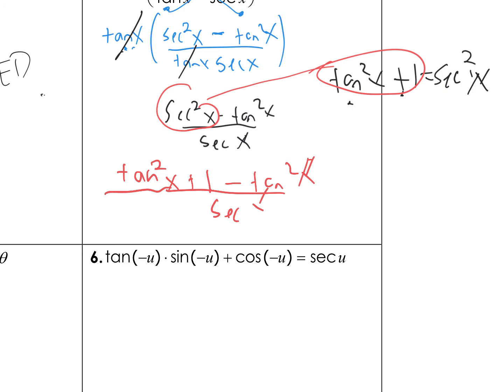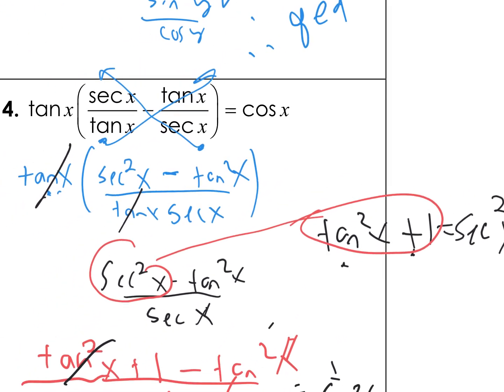It's like saying x plus 1 minus x, or x squared plus 1 minus x squared. Do you see what goes away? The tangent squares cancel out. One's positive, one's negative. I'm left with 1 over secant squared x. What's another name for 1 over secant? Cosine. Cosine squared x.